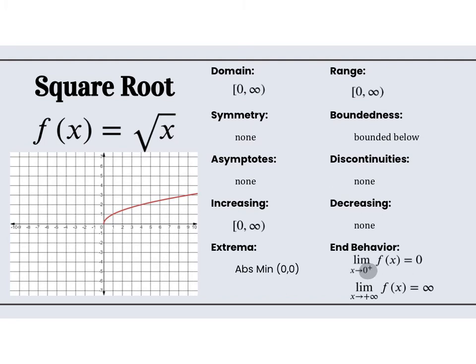So again, it does not approach on the negative side of 0, but it does approach 0 on the positive side, which is kind of a confusing topic. We will talk more about that when we get into limits, when we get to calculus concepts. But for right now, just know that since the graph itself doesn't go to negative infinity on the x-axis from this domain, stopping at 0, the end behavior also doesn't go to negative infinity. It goes to 0, but only from the right side.